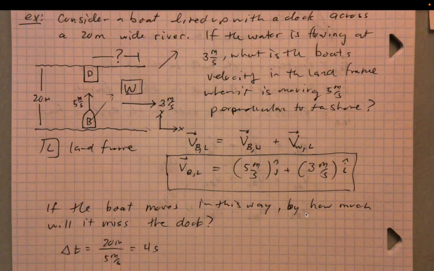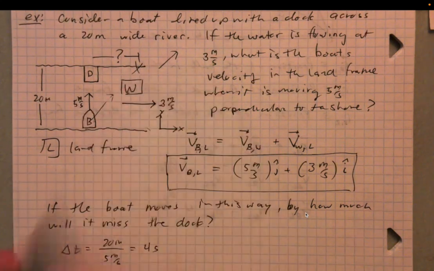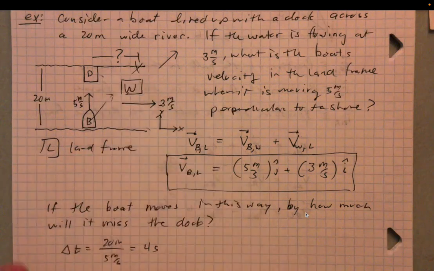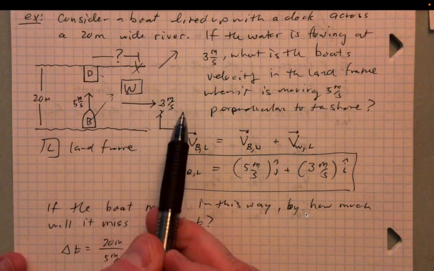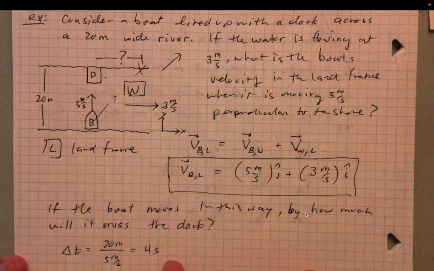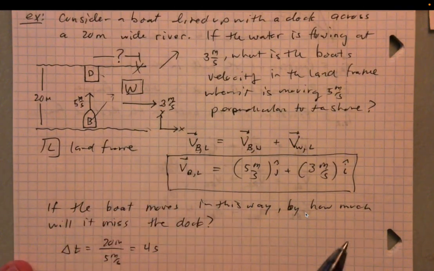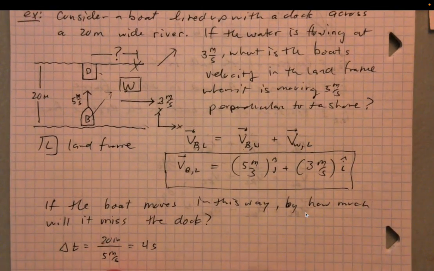It's going to reach the opposite shore somewhere down here. And so how far down here will it be? Well, it's moving at 3 meters per second downstream. So if it takes 4 seconds before it hits the opposite shore, multiply those two together.